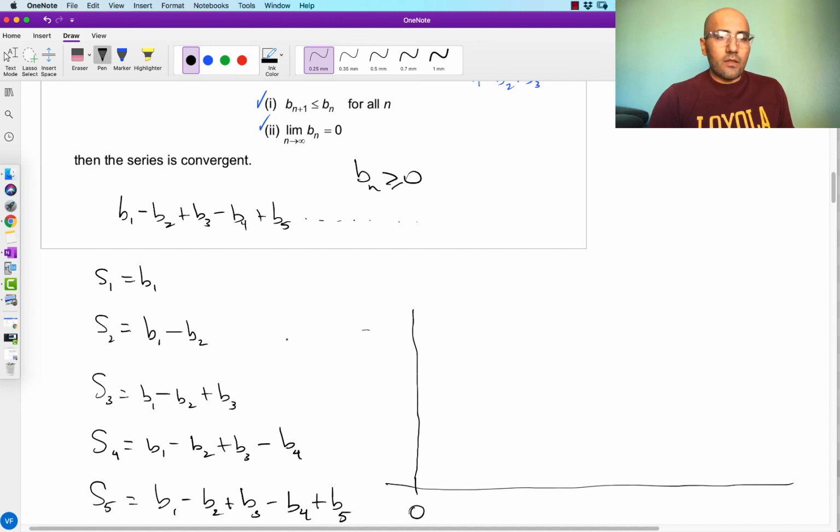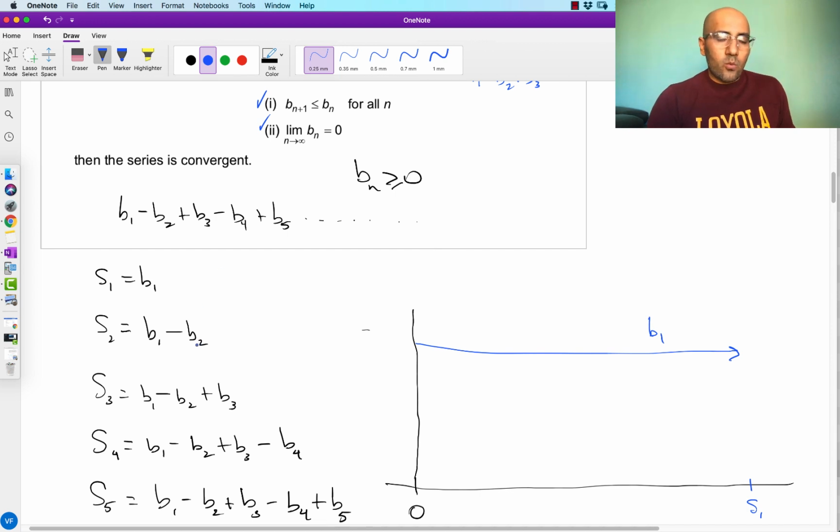I'm going to graph what it would look like to go a distance of b1 in this direction, right? So b1 is positive, so that means that right there is going to be s sub 1, where this is the distance b sub 1, right? And so there's s sub 1.